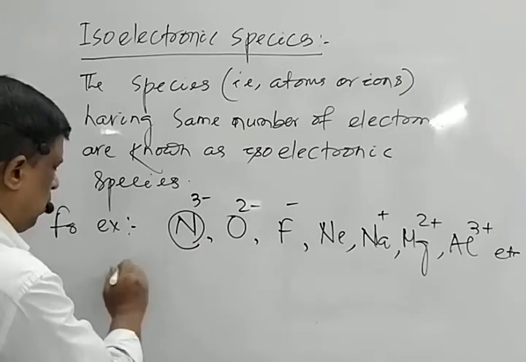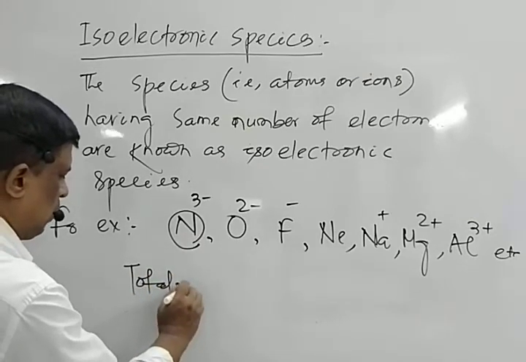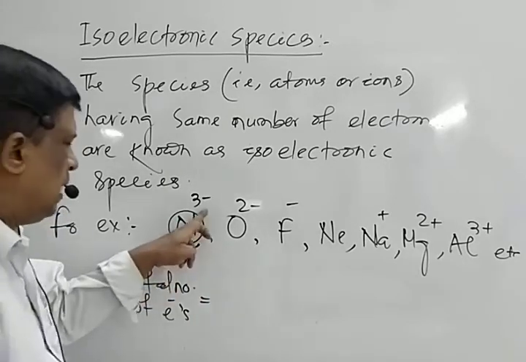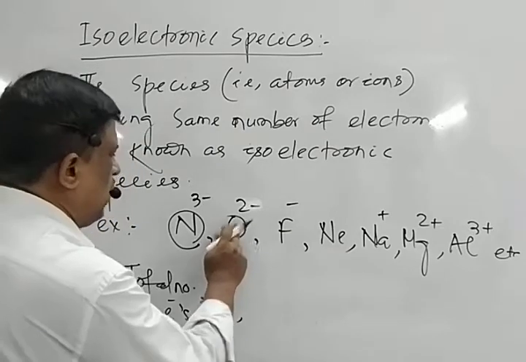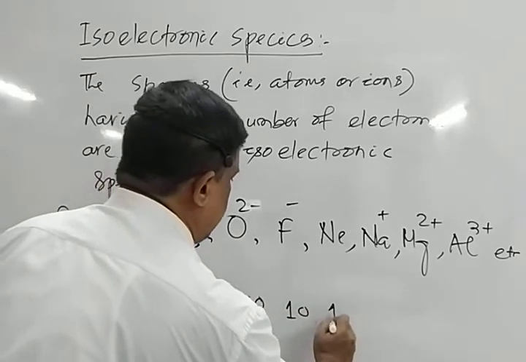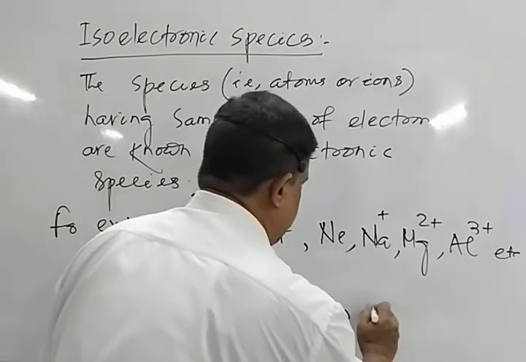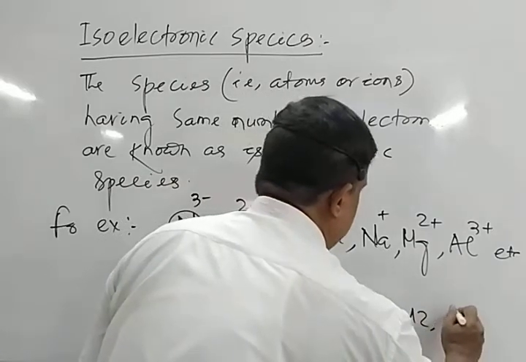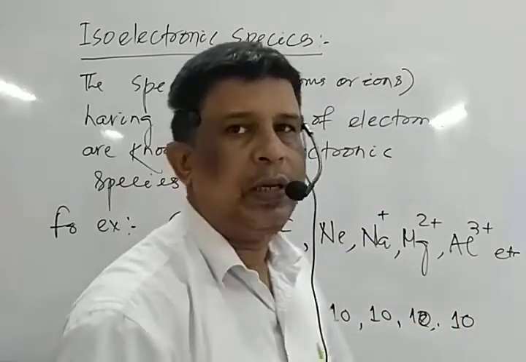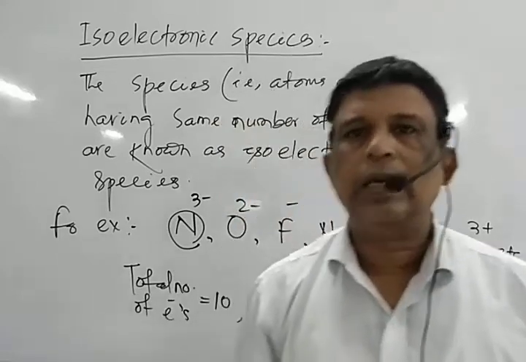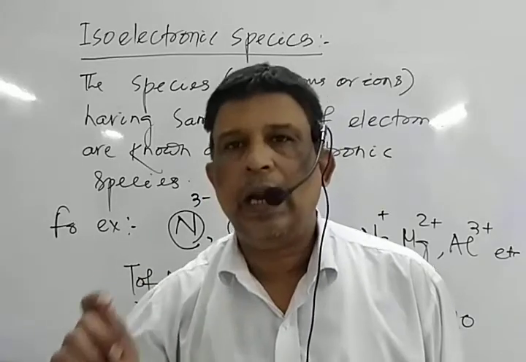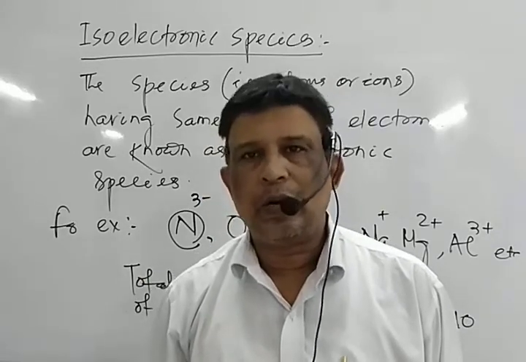Here the total number of electrons is equal to atomic number: 7 gain 3, 7 plus 3 is 10; atomic number 8 gain 2 electrons, 10; atomic number 9 gain 1 electron, 10; neutral 10; atomic number 11 loses 1, 10; atomic number 12 loses 2, atomic number 13 loses 3. So in each case the total number of electrons is 10. That means these are known as isoelectronic species. That is, atoms or ions having same number of electrons are known as isoelectronic species.